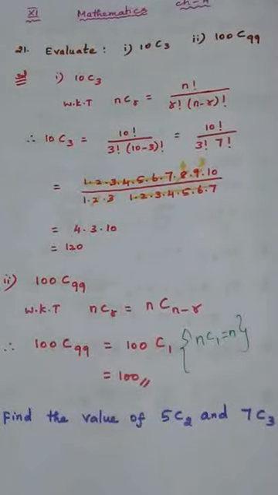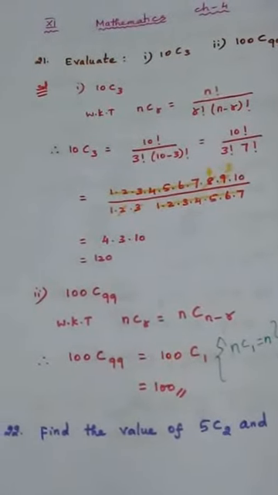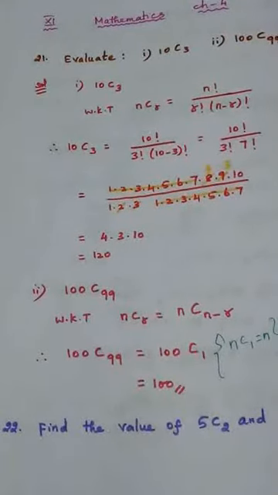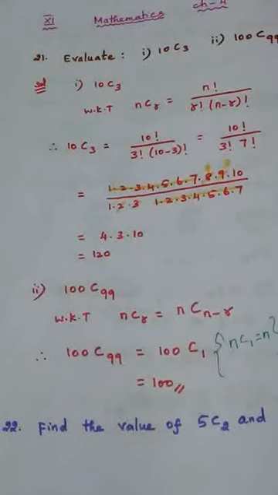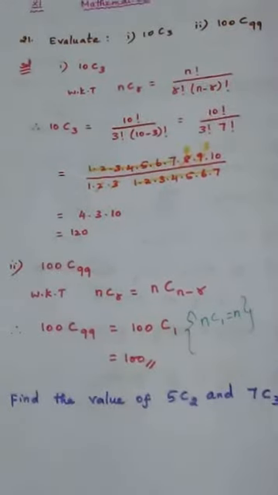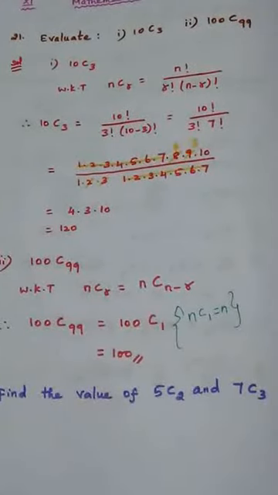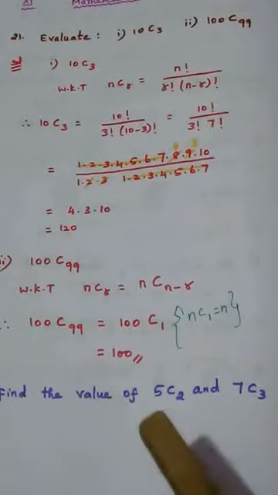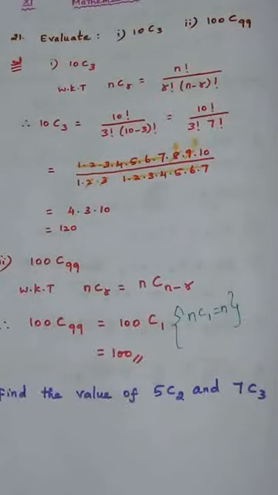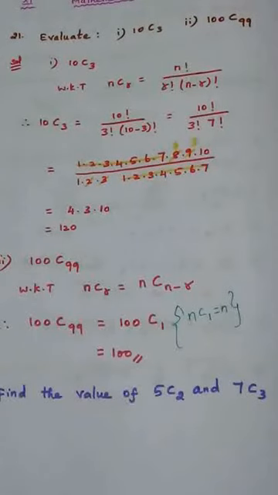Problem number 22 now we will see. Find the value of 5C2 and 7C3. I think you can easily calculate this by yourself. I am just going to show the answer. You just try to understand that.